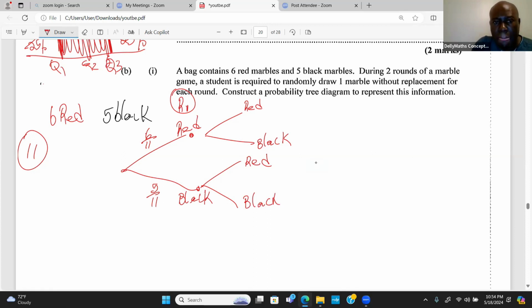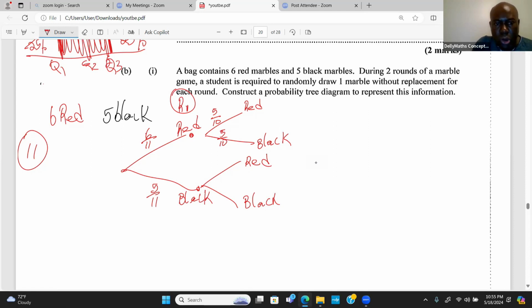But remember now, for the red, it is going to be 5 out of 10, because 1 is gone. But for this one, if you had drawn a red, that means the black would have been untouched. So the black would still be 5 out of 10 because we didn't touch the black in that case.